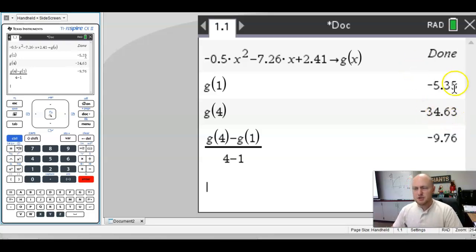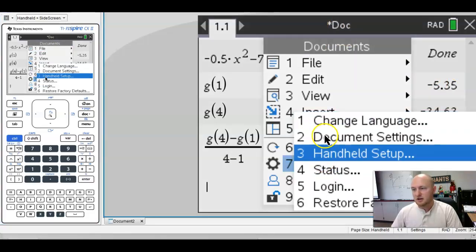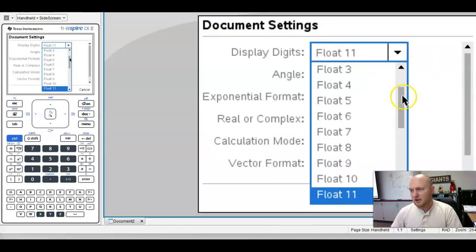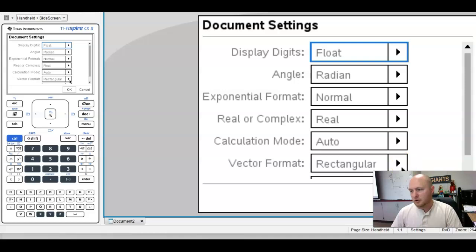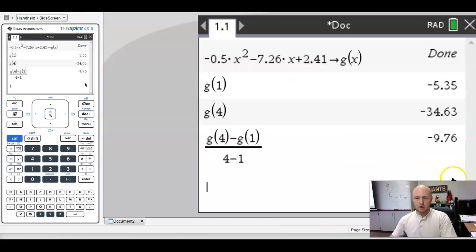Okay. It's also important to note that getting only 2 digits makes me a little wary. I like to see at least 3 digits, so just double check that your document settings underneath that are at least at float 11, or if not a float, just make sure you get all of your values there. Okay? All right.